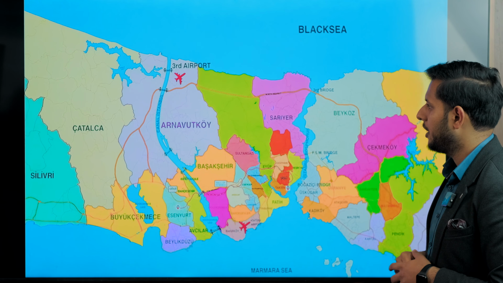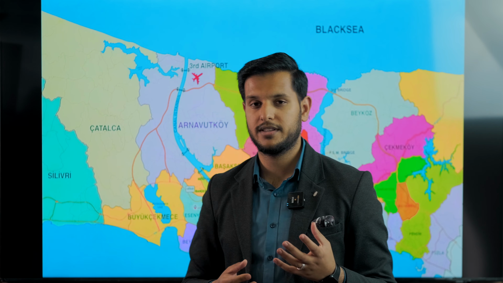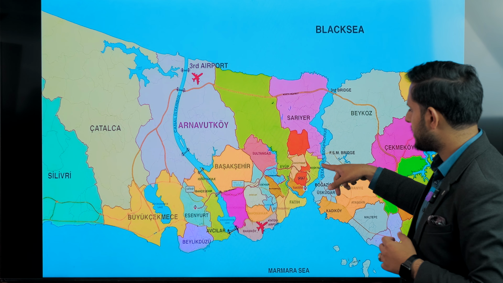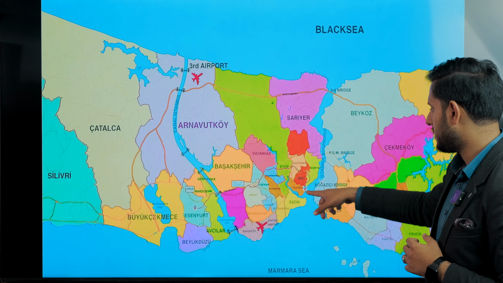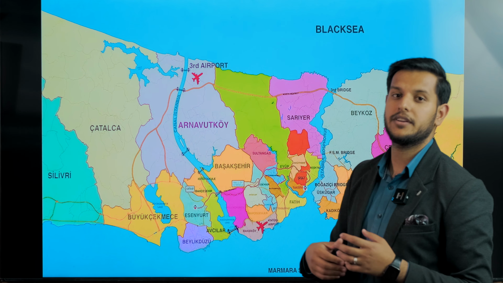Now, specifically talking about the areas when it comes to investment. If we're talking about just investment, where you can find good rental income, where you can get good capital gains, that's going to be the Old Istanbul, the main areas. For example, Beşiktaş, Şişli, Taksim, Üsküdar, Kadıköy, Fatih. These are the areas which are the oldest in Istanbul.